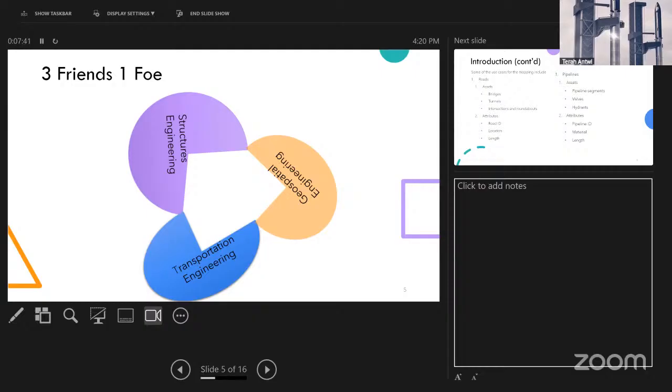You would want to do spatial data analytics and deploy geo AI to handle your big data and report on the conditions of your structure. And then transport engineering: you want to understand the performance of roads and the utilities on these roads, how they are all working to address the movement of people from one place to the other. So these three fields marry if you want to look into infrastructure mapping and management.